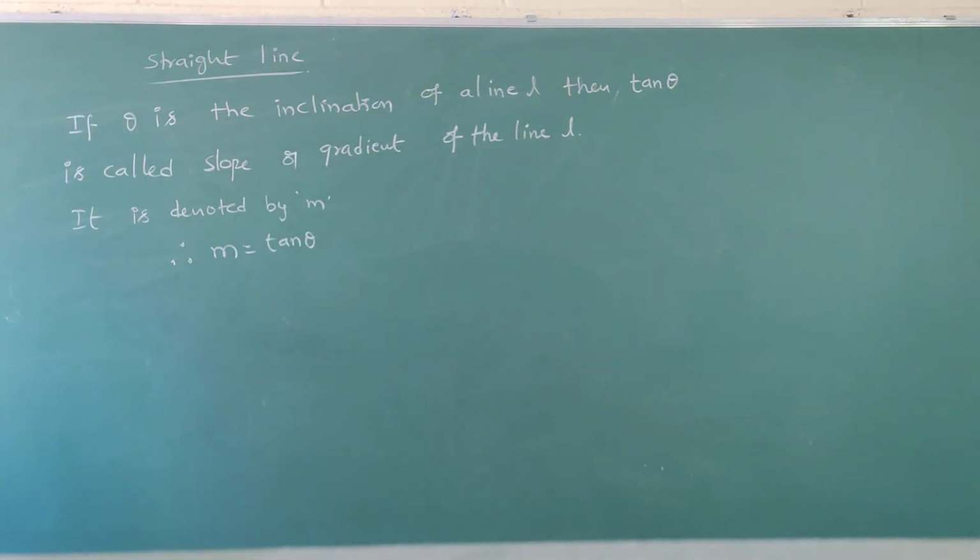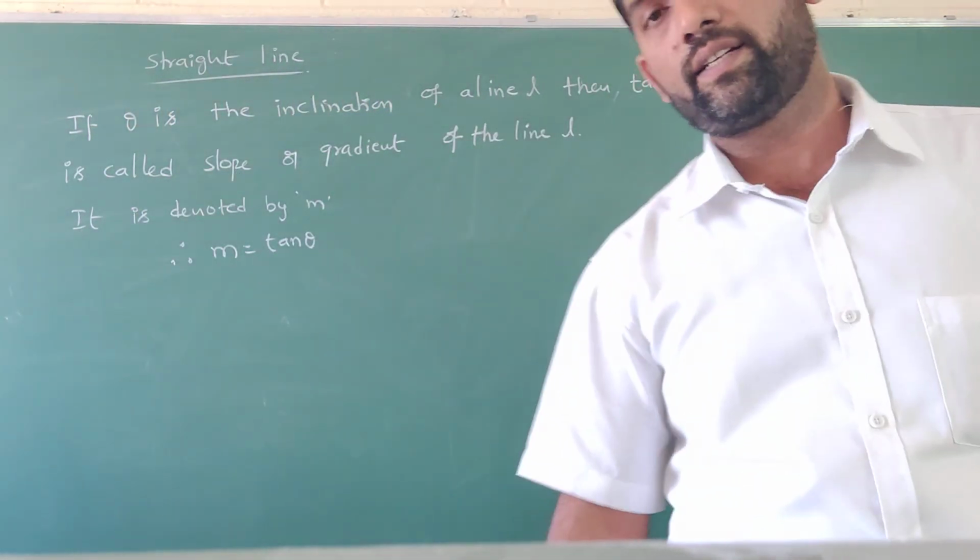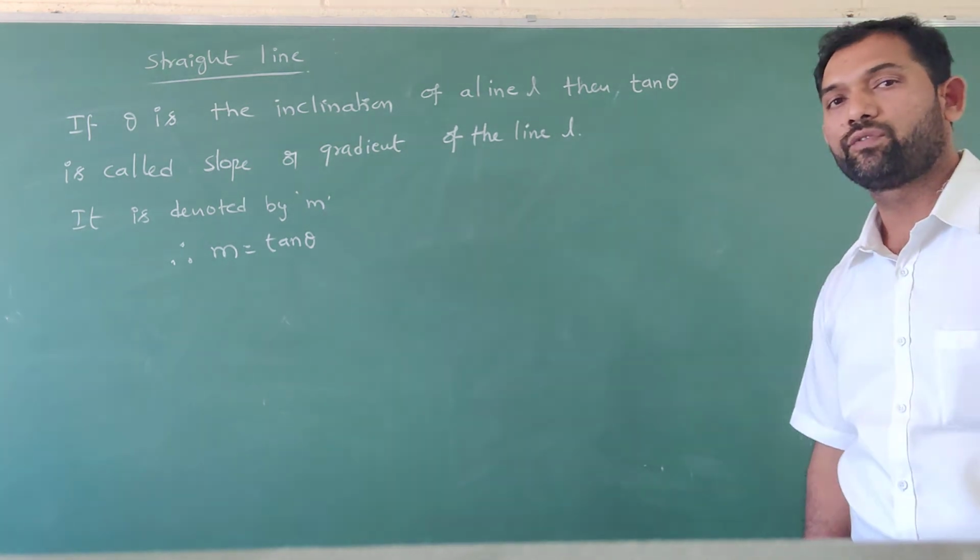Slope of a line means what? If theta is the inclination of a line L, then tan theta is called the slope of the line.